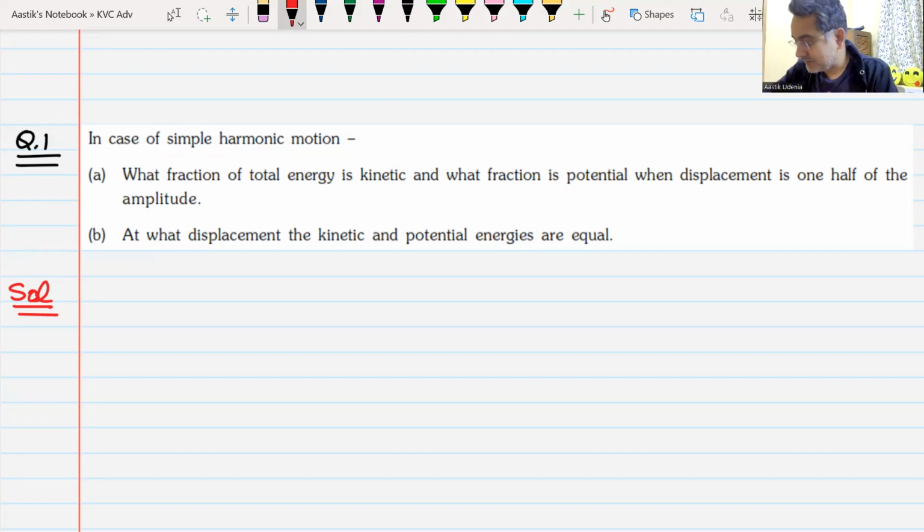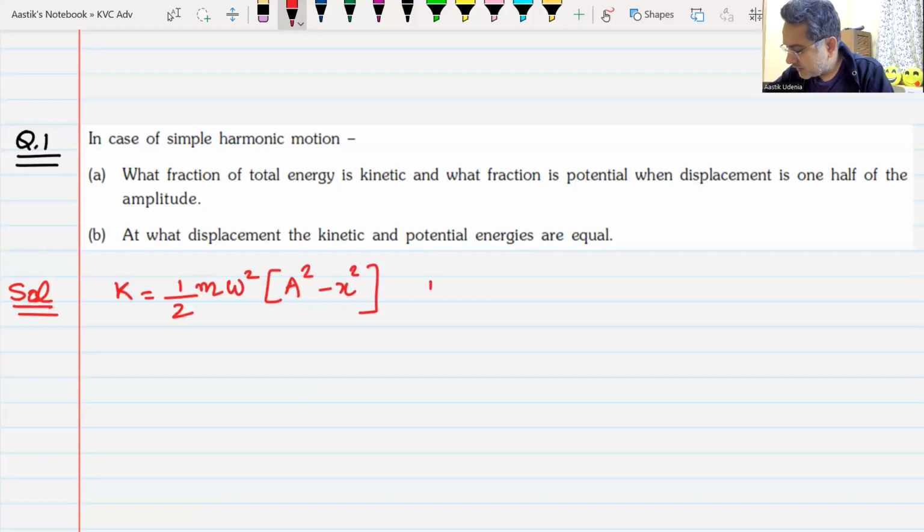Okay. So you just have to put the final formula of kinetic energy. Kinetic energy is half m v square, right? And v square is omega square into a square minus x square. Yes or no?